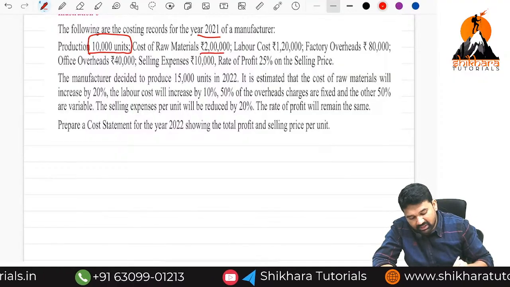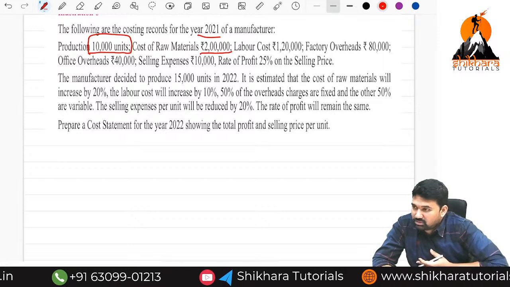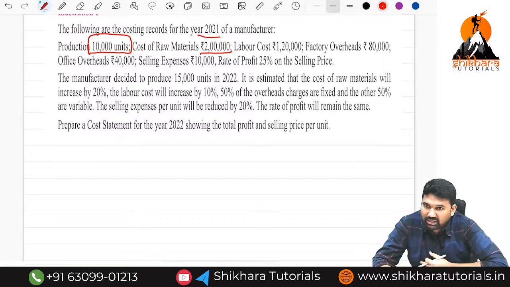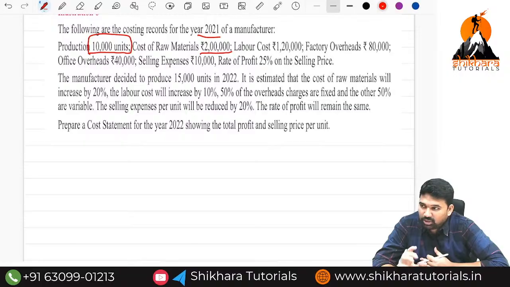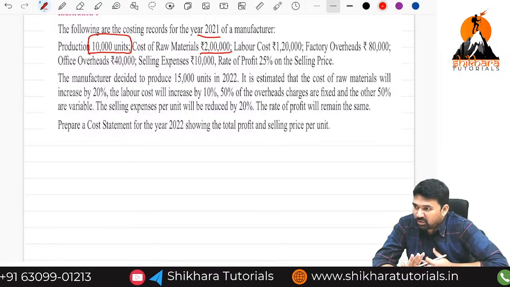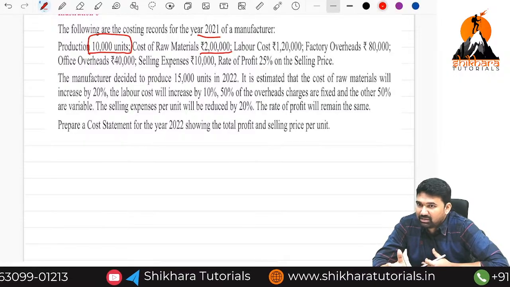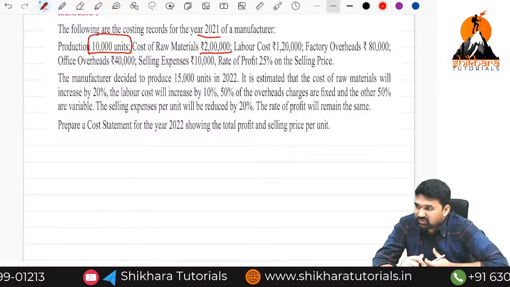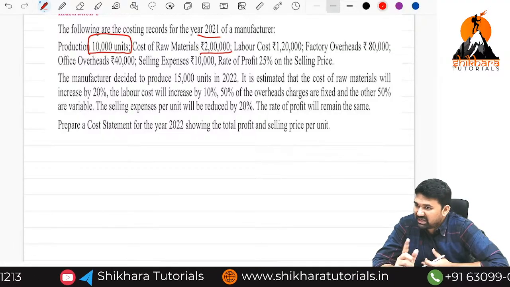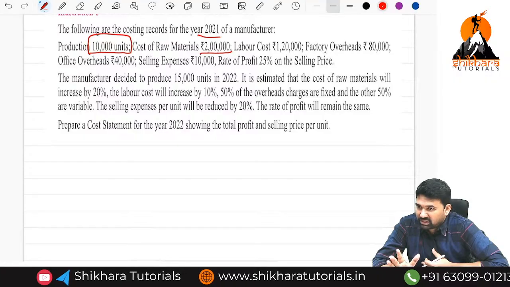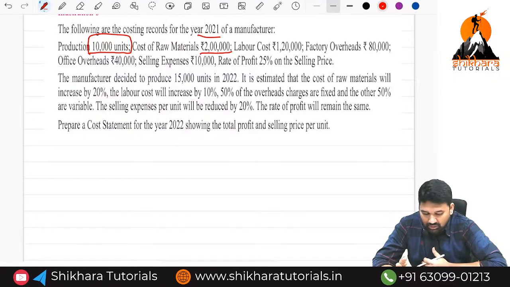Cost of raw materials 2 lakhs. So for 10,000 units he has spent 2 lakhs in the name of raw material, means direct material. So per unit cost will be 2 lakhs by 10,000 means 20.